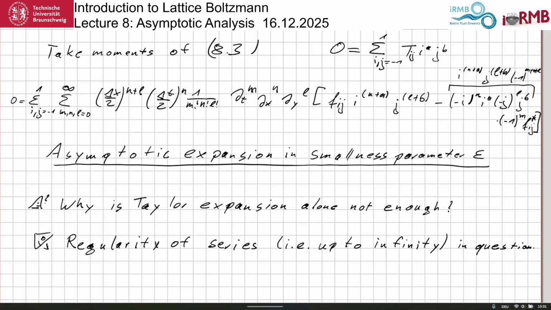Basically you can put all of this in question, because you're expanding something that does not behave regularly, even though you can still extract the right result.